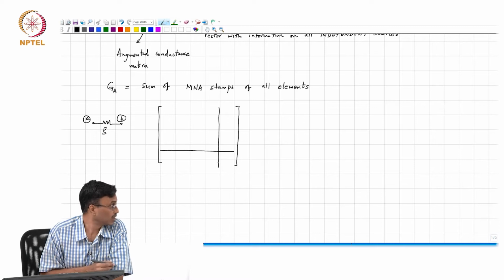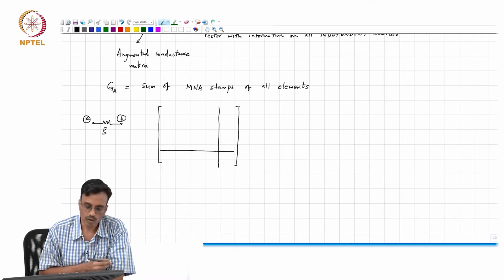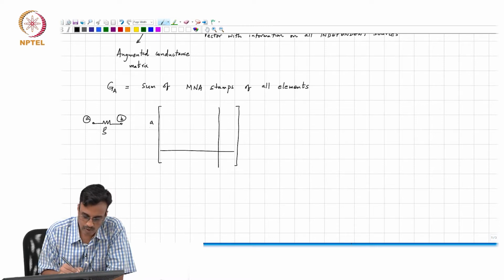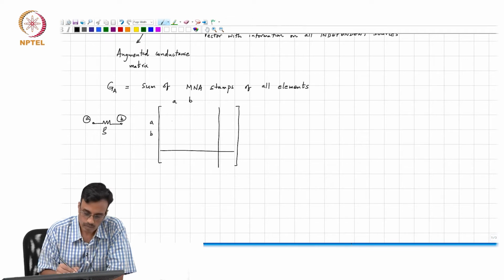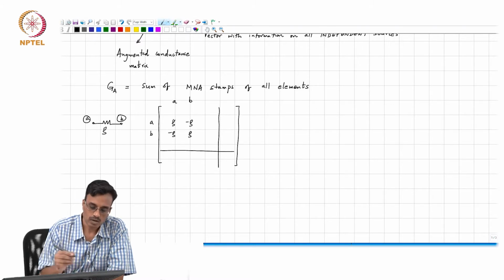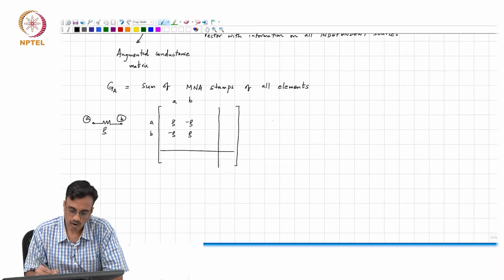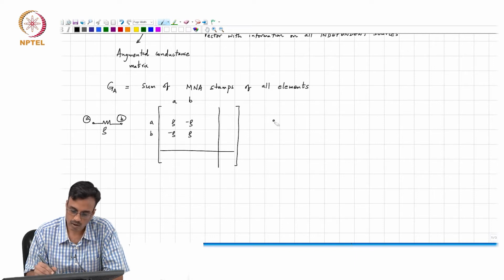We allow for potential auxiliary equations and unknowns, but the only thing we need to be aware of is A B and A B. And here you have G, minus G, minus G and G. Then we saw what a voltage controlled current source would behave like.